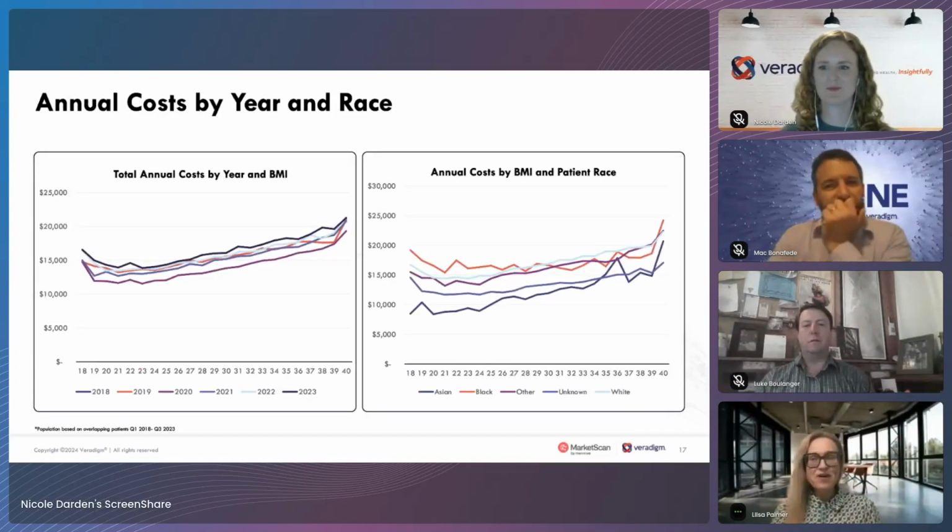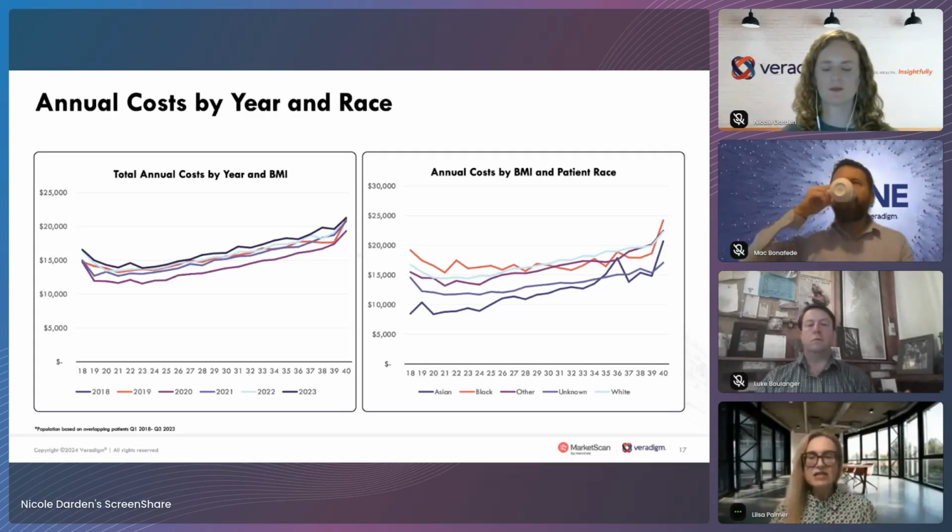So as advertised, we're looking now at annual costs by different cuts of the data. And rather than focusing on the specifics here, like the dollar increase for this or that, what I really wanted to focus on is some of the preliminary and interesting findings, and getting people to think beyond what we're specifically reporting here, and what that means about the value of bringing these two data assets together.